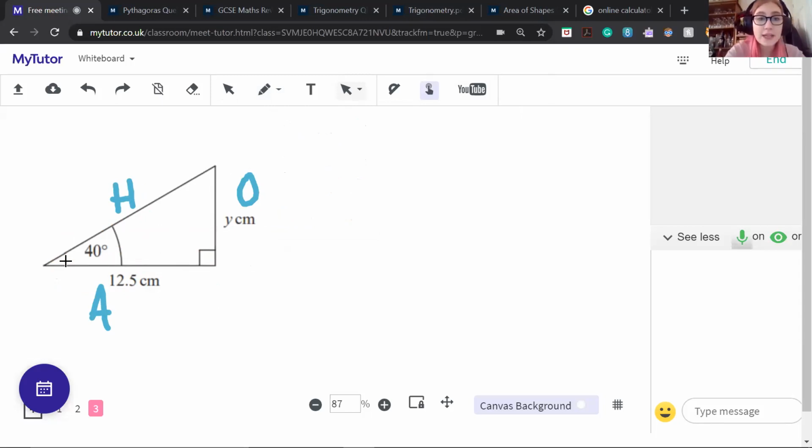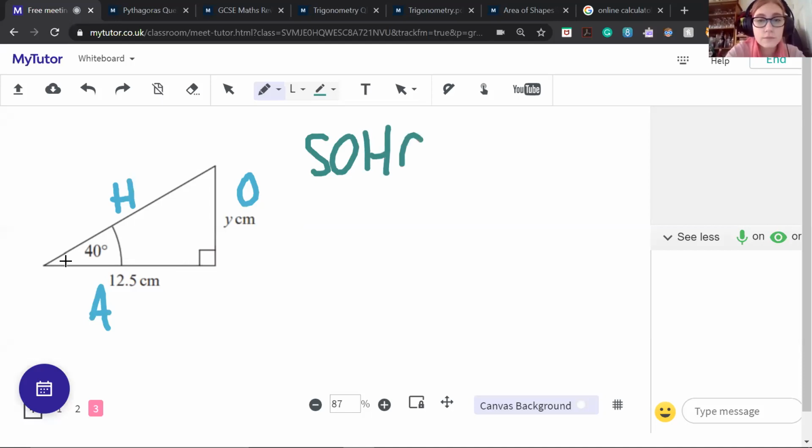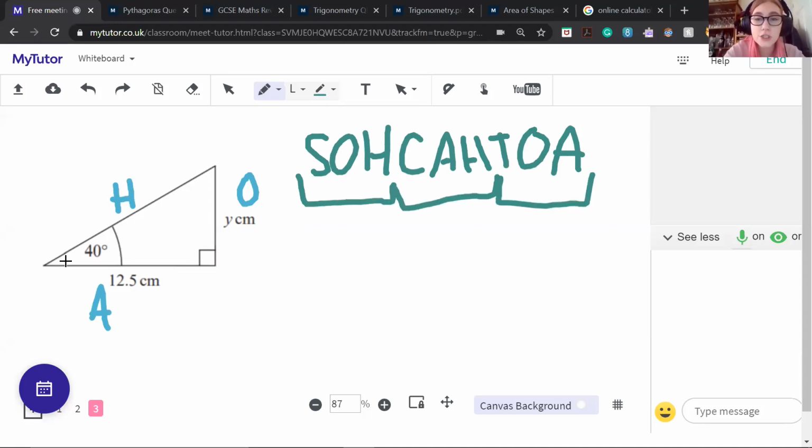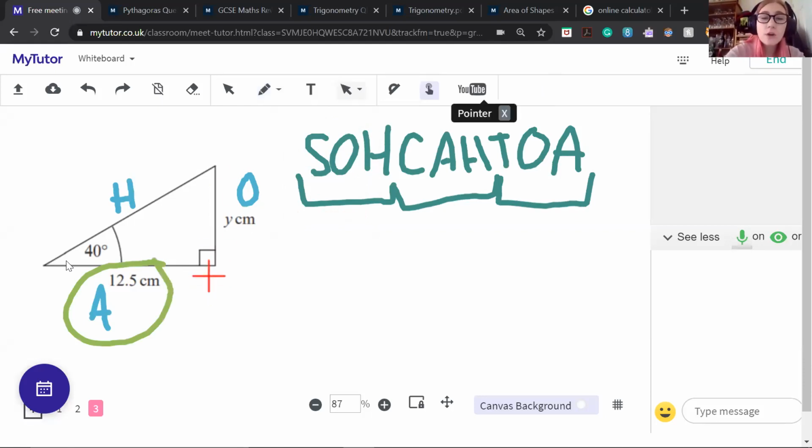So now we write out Sohcahtoa. And we remember that this is just representing 3 sections. And we work out which ones we have. So we definitely have this one, right? Because it's 12.5, that's A. Even though we don't have this one, it's the one that we're looking at, right?